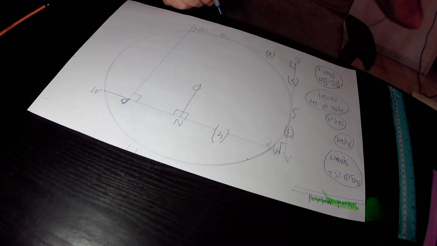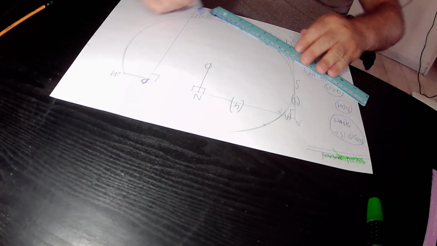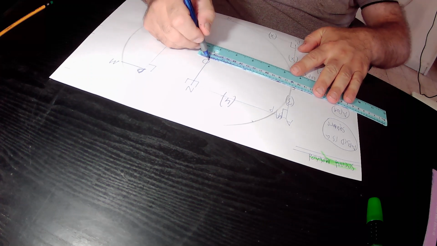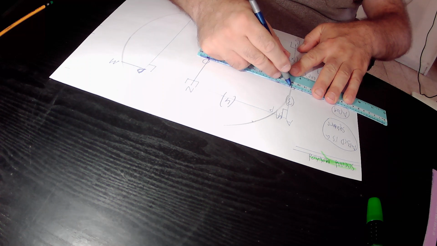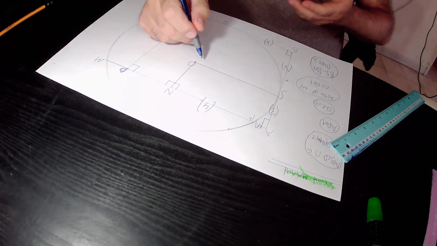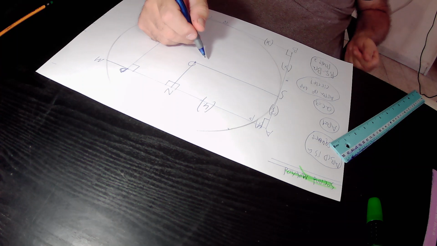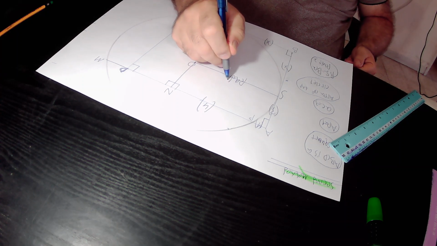So in the next step, we join points O and S together by a straight line. Point O is the center of the circle, point S is a point on the circle itself, therefore OS is the radius of this circle. Write it down, OS is the radius of this circle.